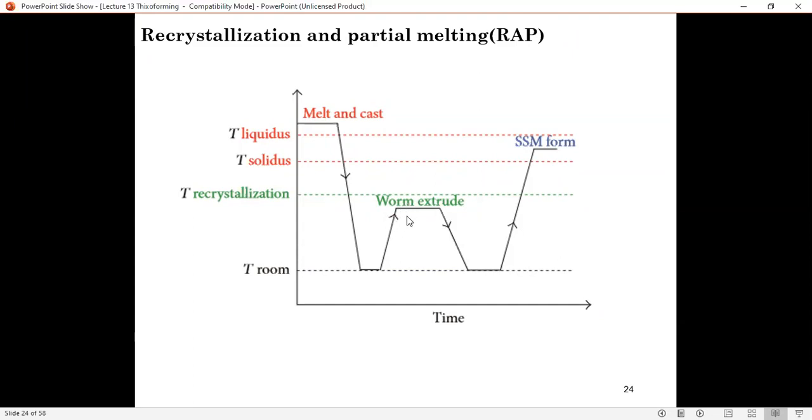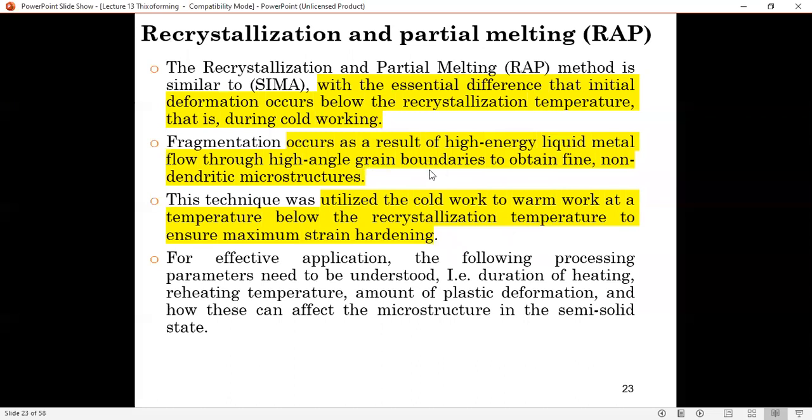So you have to do the work, the extrusion, the deformations on the material below the recrystallization temperature. For the SIMA, this happens above the recrystallization temperature. So that's basically the main difference between the two, between RAP and SIMA.